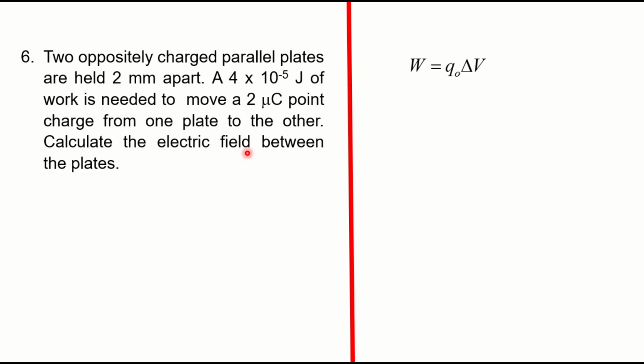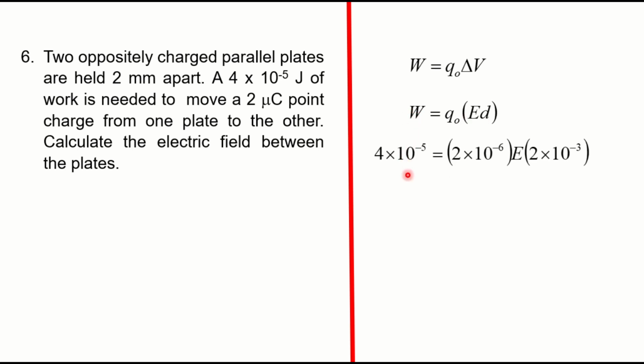We can use this formula, V is equal to ED. From the formula E equals V over D, we can rearrange it to V equals ED, and then we substitute in the information that we know. The work done needed is 4 times 10 to the power of negative 5.